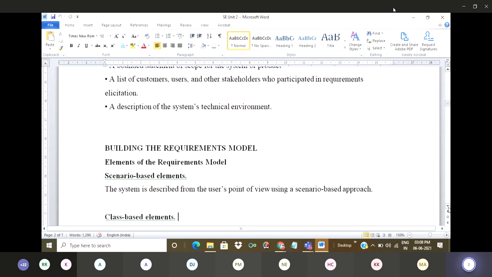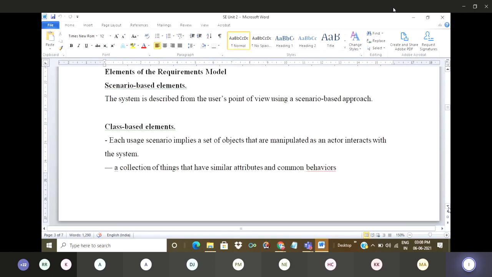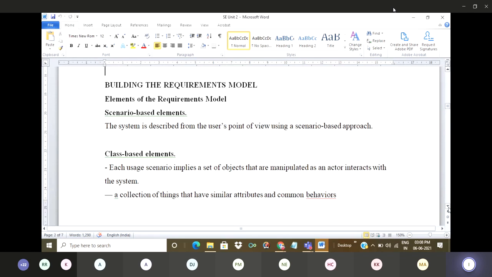Then building the requirement model. So what are the elements of the requirement model? First is scenario-based elements, which describe the system from the user's point of view using a scenario-based approach.